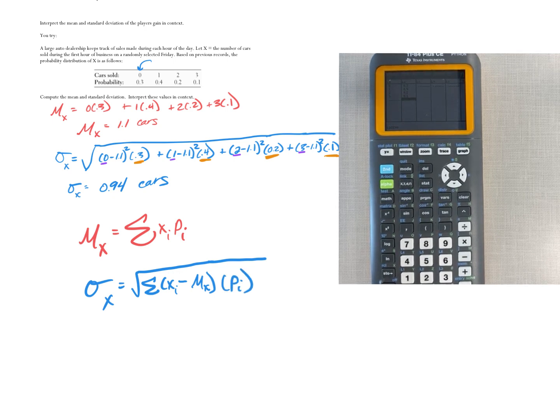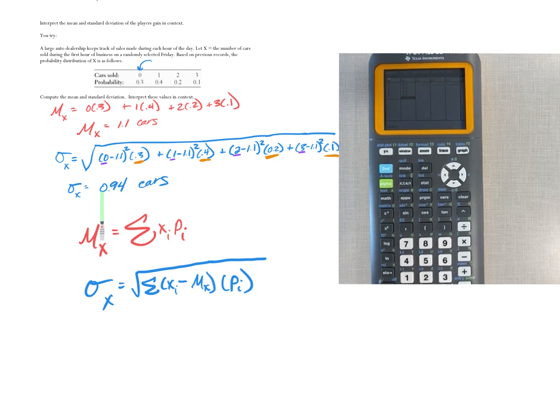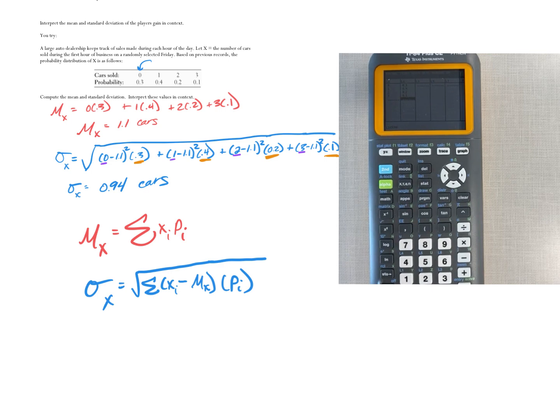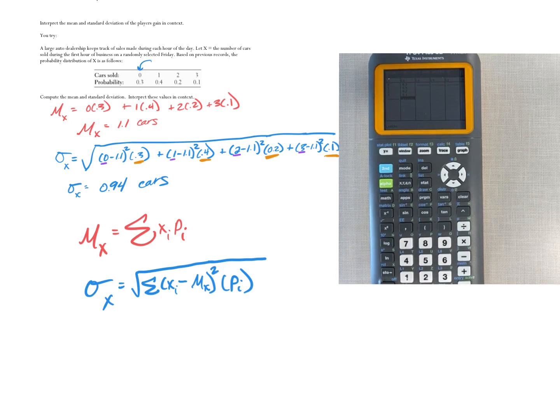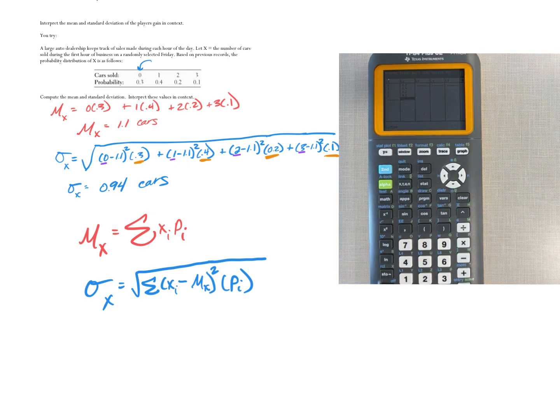In other words, xi minus the mean that we calculated from above, times the probability. So the 0 and the 0.3, but all of these have a minus 1.1, squared. There's a squared on it here. So the formulas are given to you, and you would be expected to show some of the work on the AP exam.